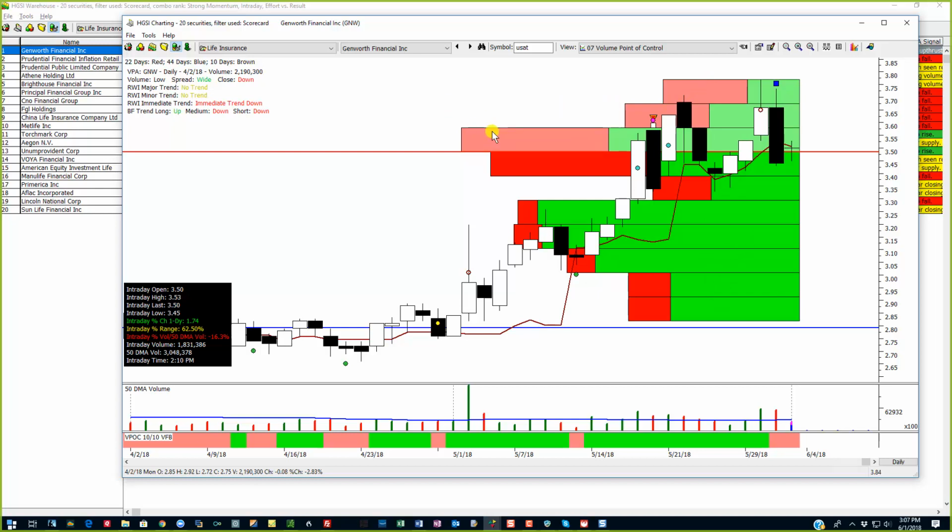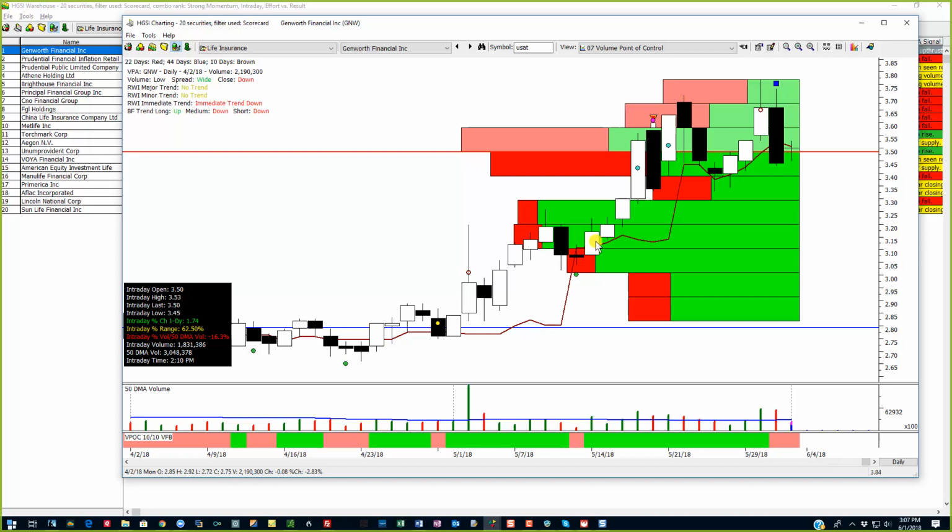It really doesn't matter. But the way this works is if the closing price of the daily candle is higher than the prior days, the volume will be added to the positive side.